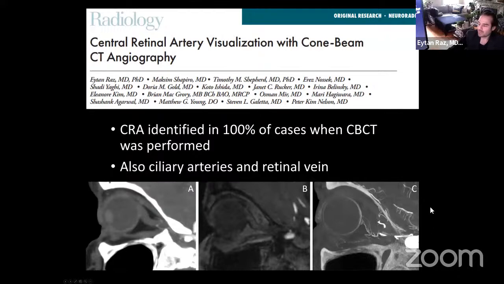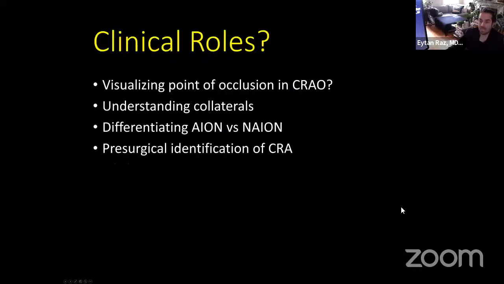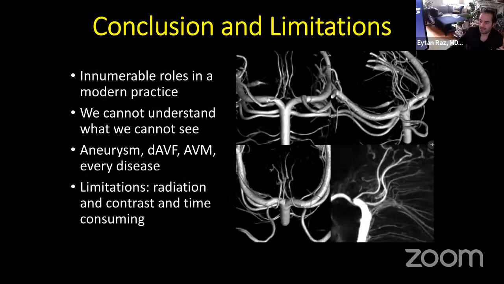Anytime we get this DynaCT, we can see the central retinal artery. What's the role of this? None yet, but can it be used to visualize the point of occlusion in central retinal artery occlusion, understanding the collaterals, differentiating acute ischemic versus non-arteritic ischemic optic neuropathy, pre-surgery identification of the CRA? We can think about it, but it may be a step forward in that direction.